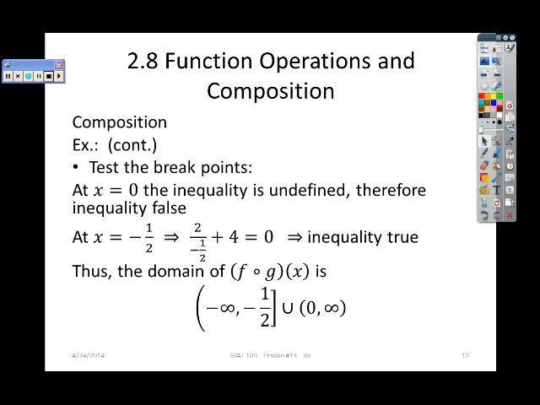Negative 1/2 works. 0 does not work. And when you're working with functions, you do have to be conscious of the domains where they are valid. Especially when you start working with compositions, it becomes somewhat more complicated to figure out where that domain exists.